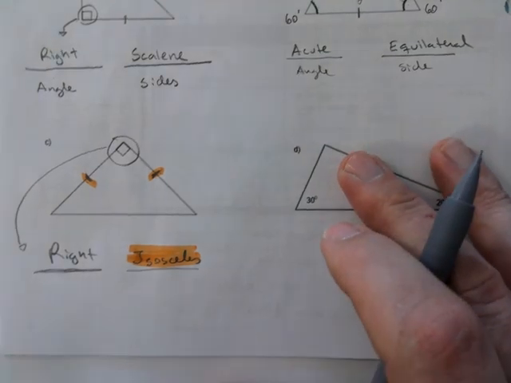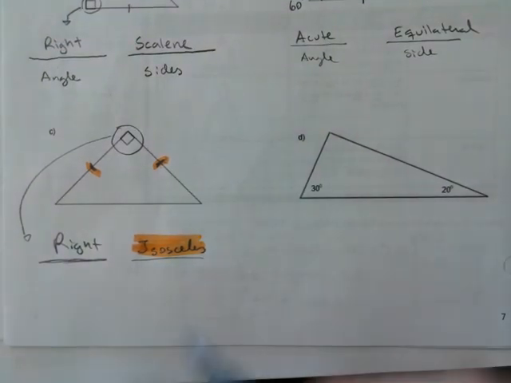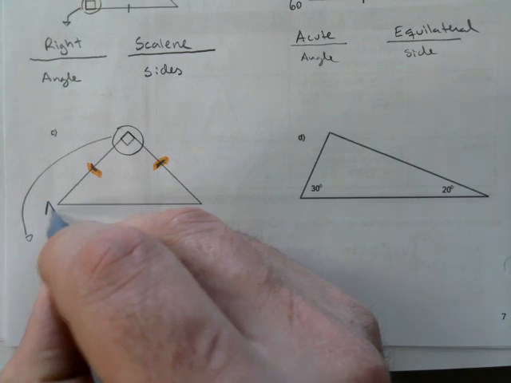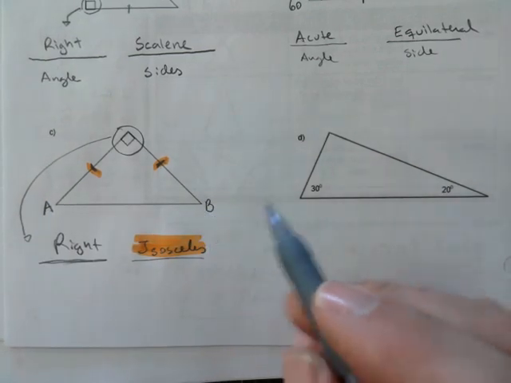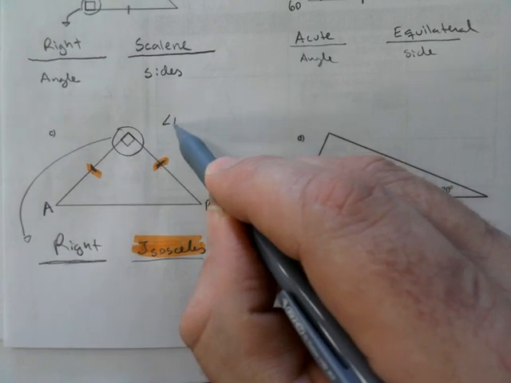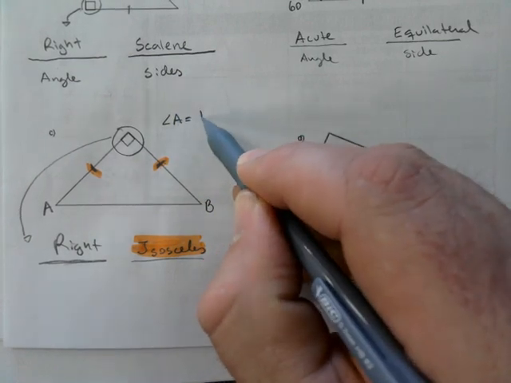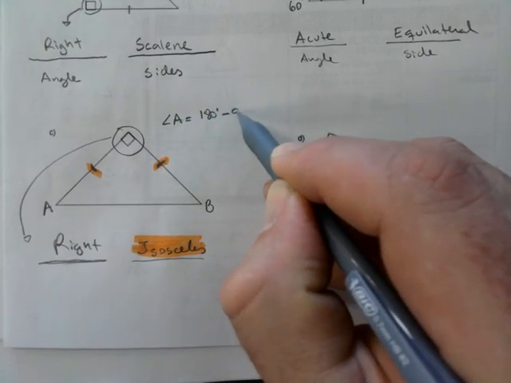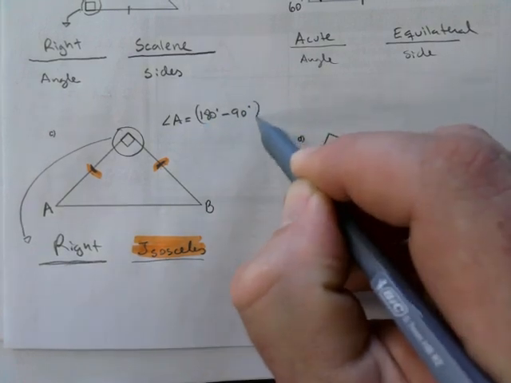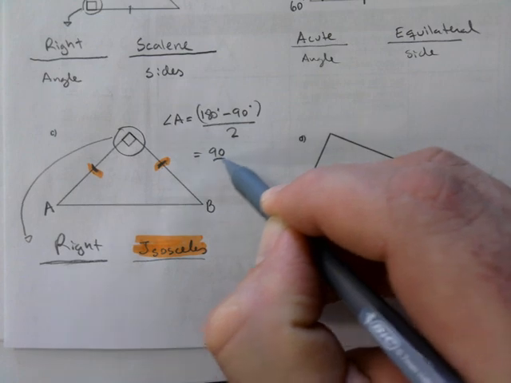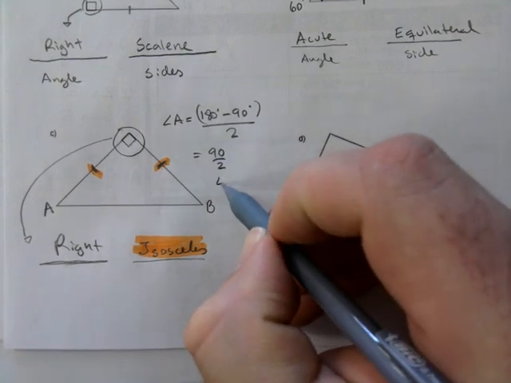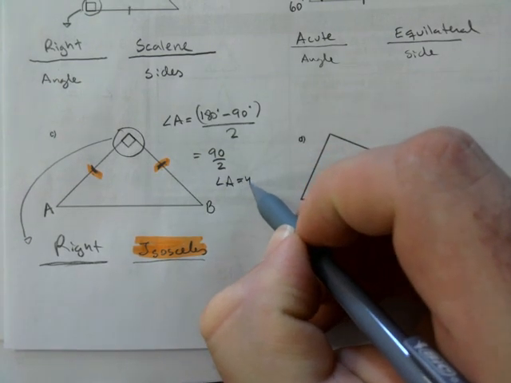You will see that there's many ways of verifying this. So let's put a letter here, A, angle A and angle B. And I will do this here. Angle A is 180 minus 90, this 90 here, divided by 2. That would be 90 divided by 2. So angle A is 45.